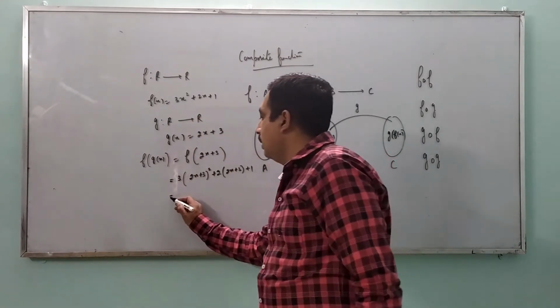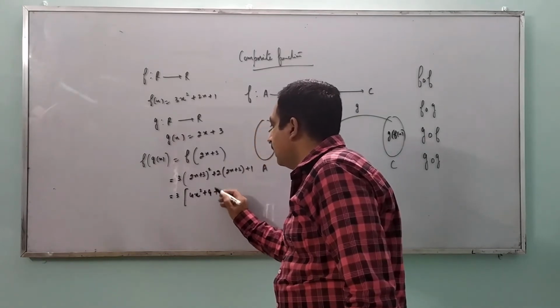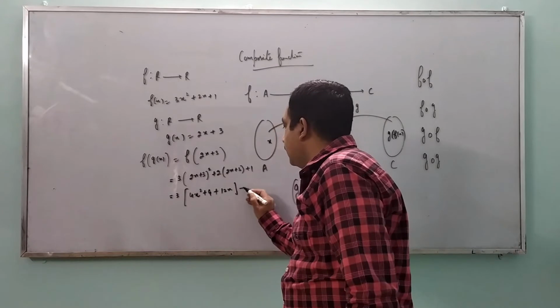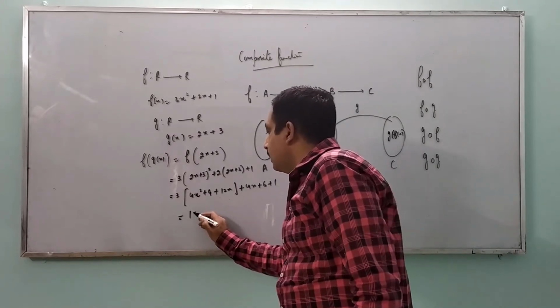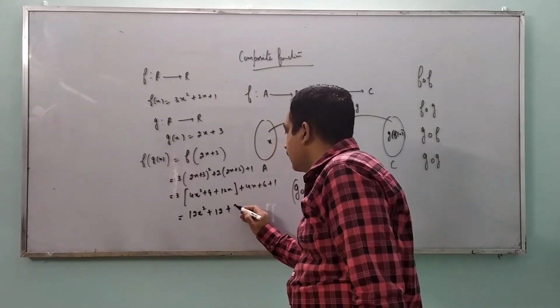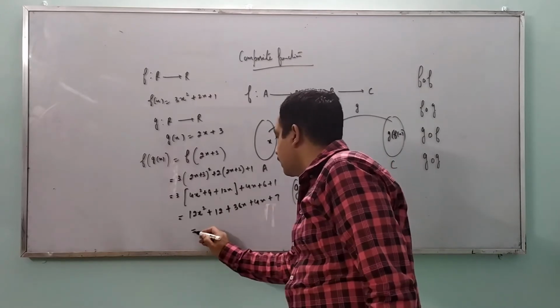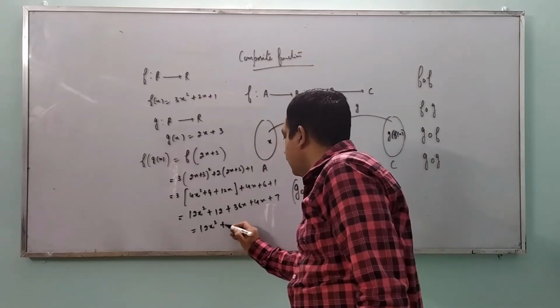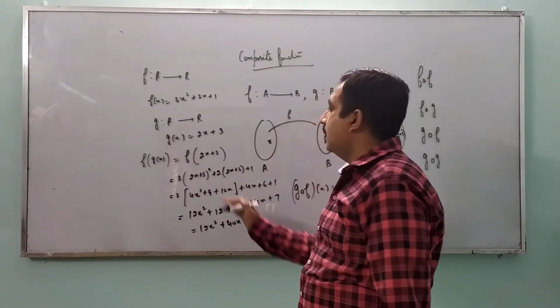Now it is 3 multiplied by 4x squared plus 9 plus 12x, then 4x plus 6 plus 1. It is 12x squared plus 12 plus 36x plus 4x plus 7. So it is 12x squared plus 40x plus 19. It is f of g(x).